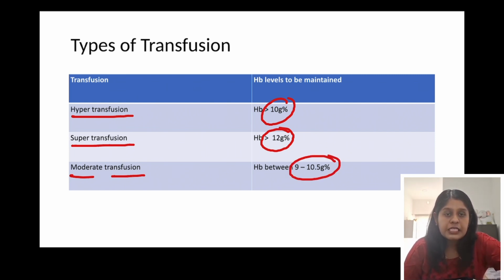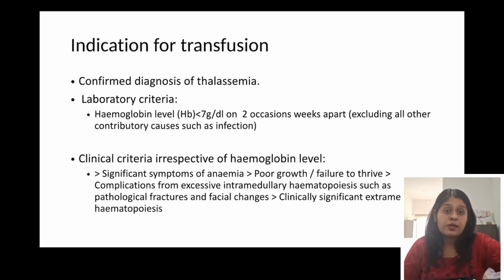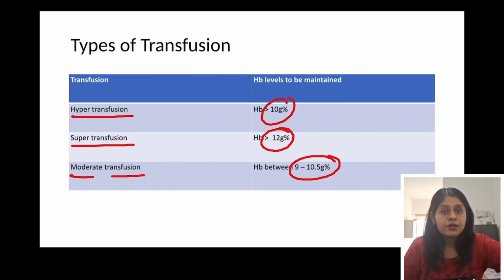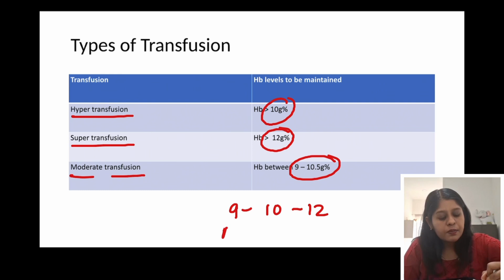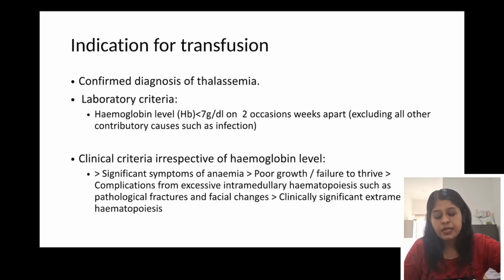In most Indian settings we use moderate transfusion, where the Hb is maintained between 9 and 10.5. If it is more than 10 it is hyper, if it is more than 12 it is super. So you can remember the values 9, 10, 12: moderate, hyper, super.